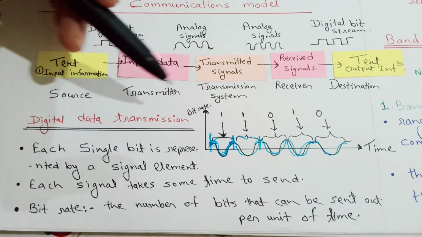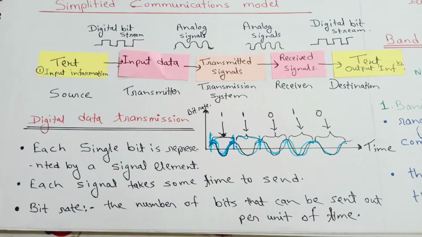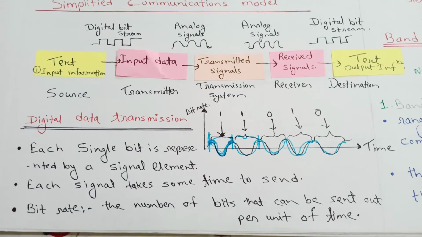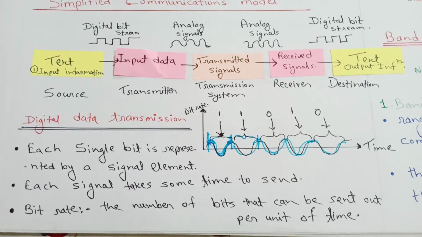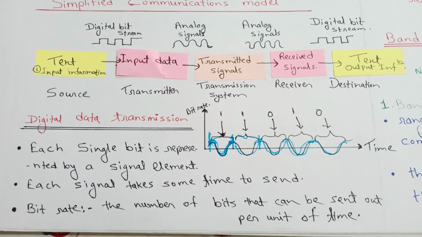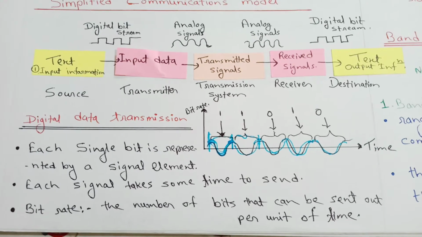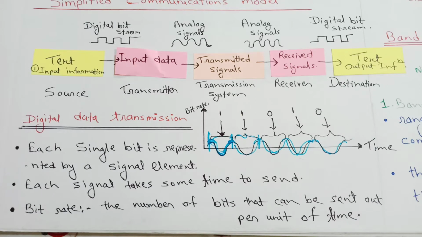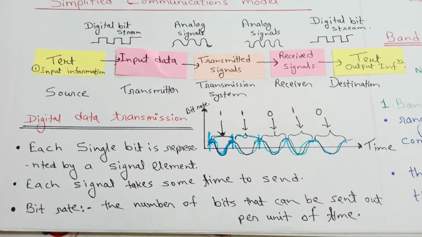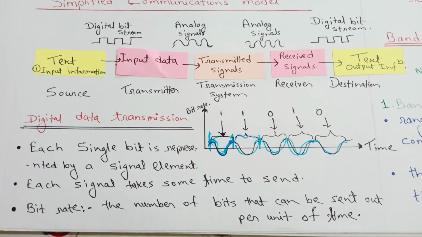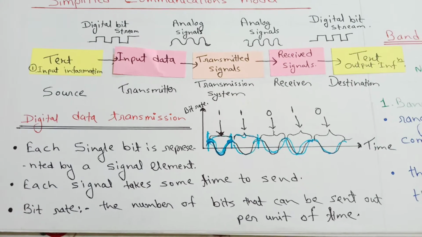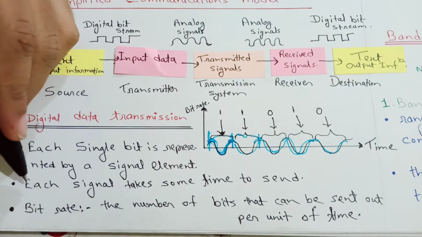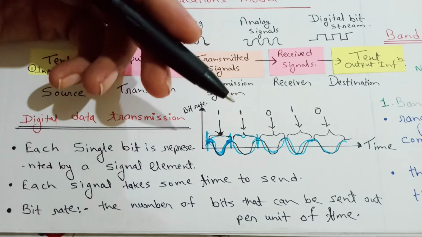Obviously it will take some time, either milliseconds, nanoseconds, seconds, any unit of time. It may be higher, it may be lower, but it will definitely take some time to send each signal.